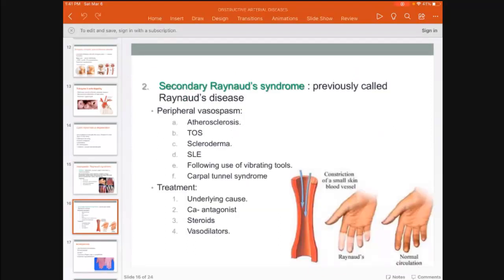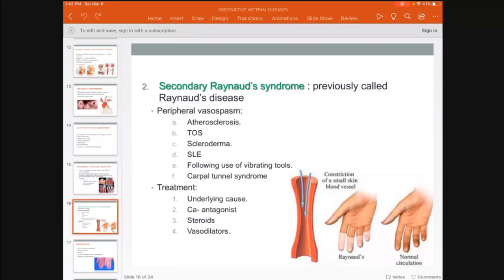Secondary, not primary: secondary Raynaud syndrome, previously called Raynaud disease. Secondary means the etiological factor is not idiopathic, not unknown. Here there are causes, for example peripheral vasospasm due to atherosclerosis, or thoracic outlet obstruction syndrome, TOS.